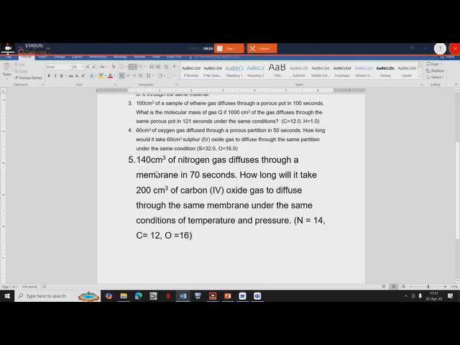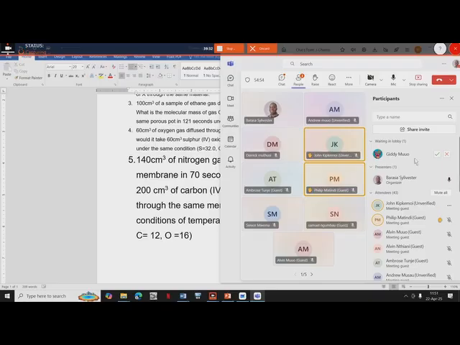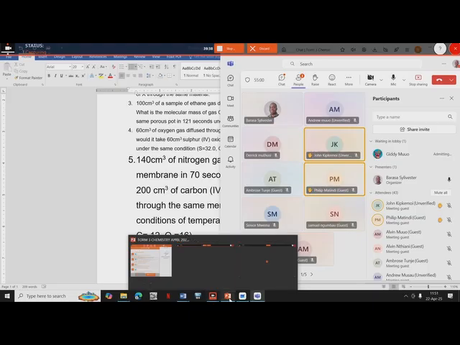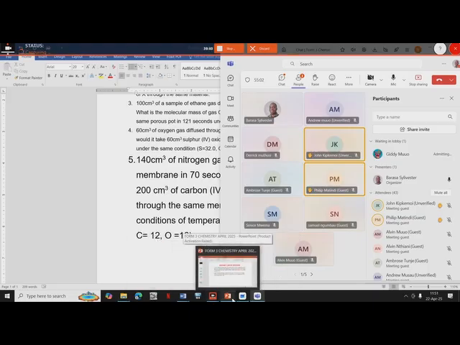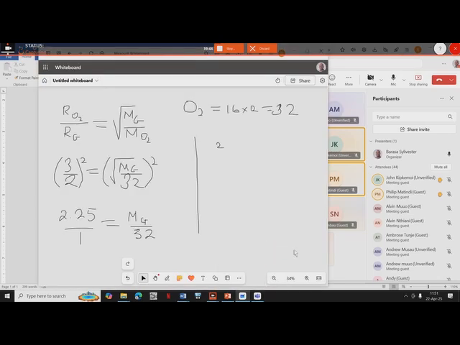Hii 70 unaweza itumia kupata the time taken by equal volume of nitrogen gas. So if 140 takes 70, what about 200 cubic centimeters of nitrogen gas? So that way you will have equated the volumes of the two gases.